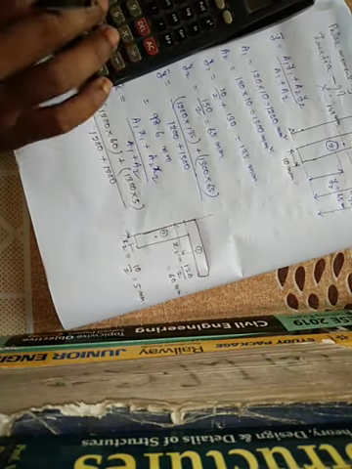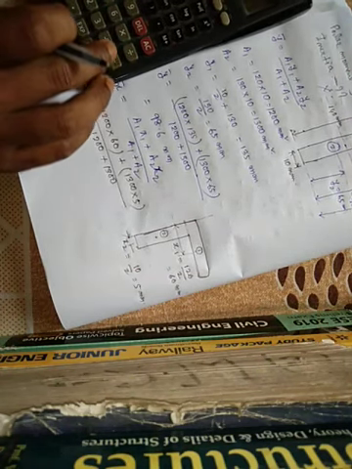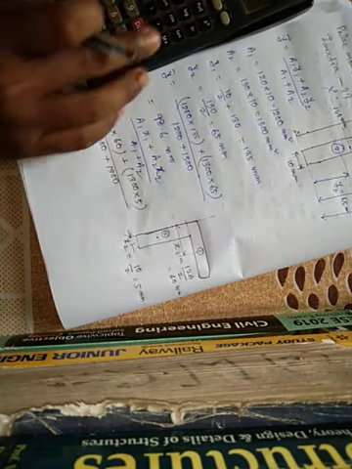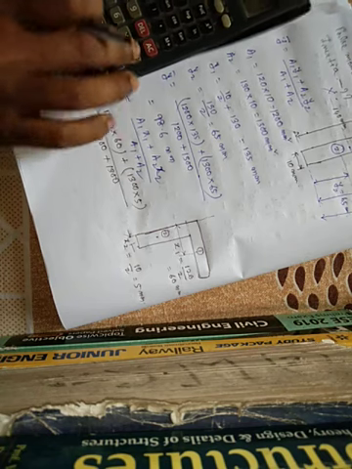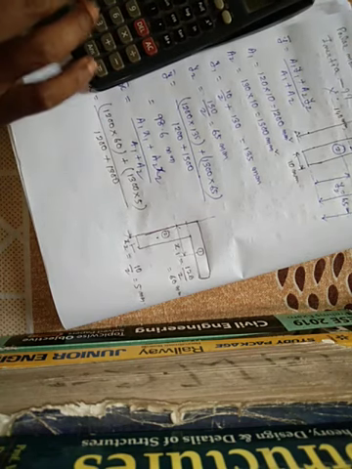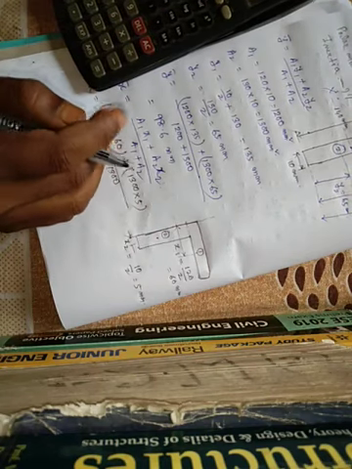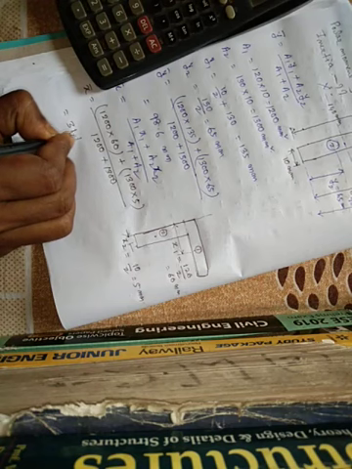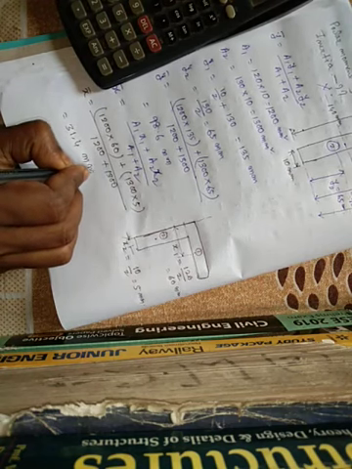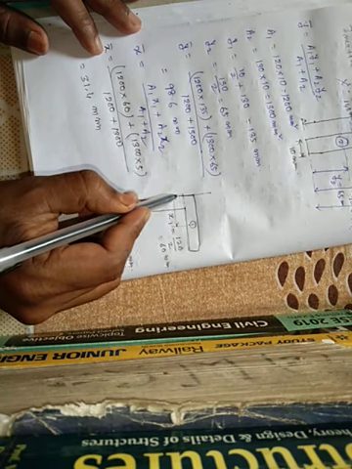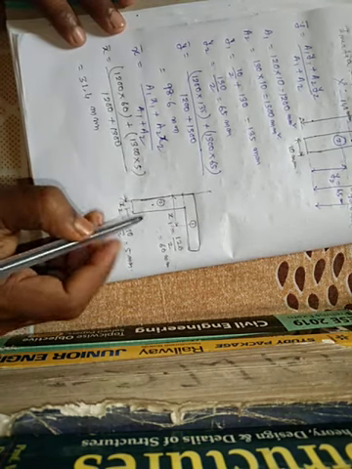1200 into 60 plus 1300 into 5, divided by 1200 plus 1300, is equal to 31.4 millimeter from the given axis.